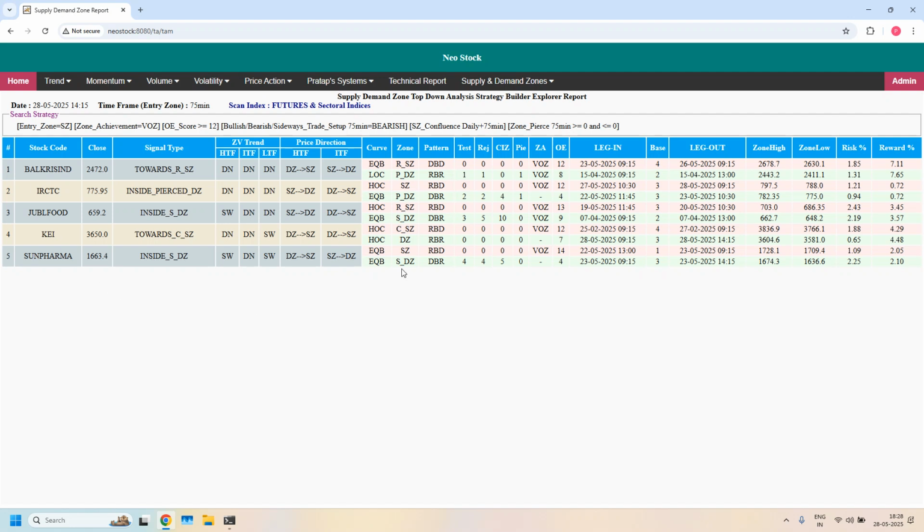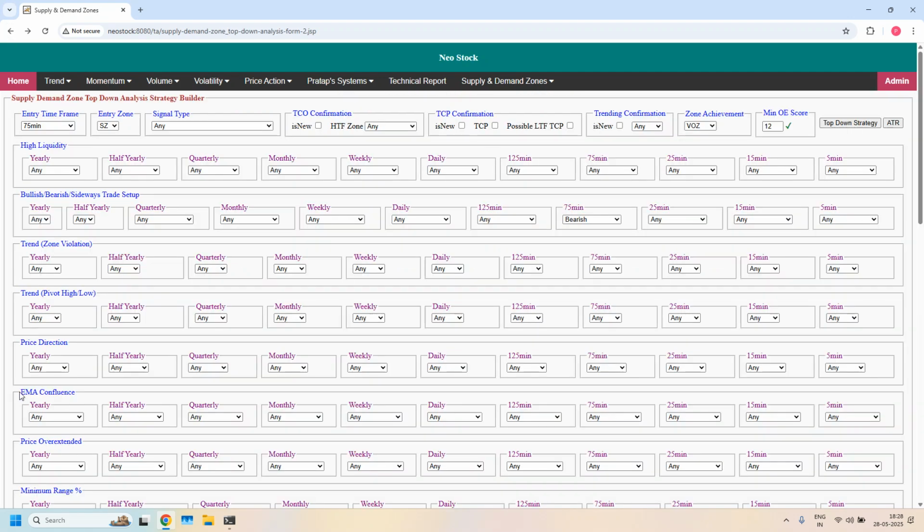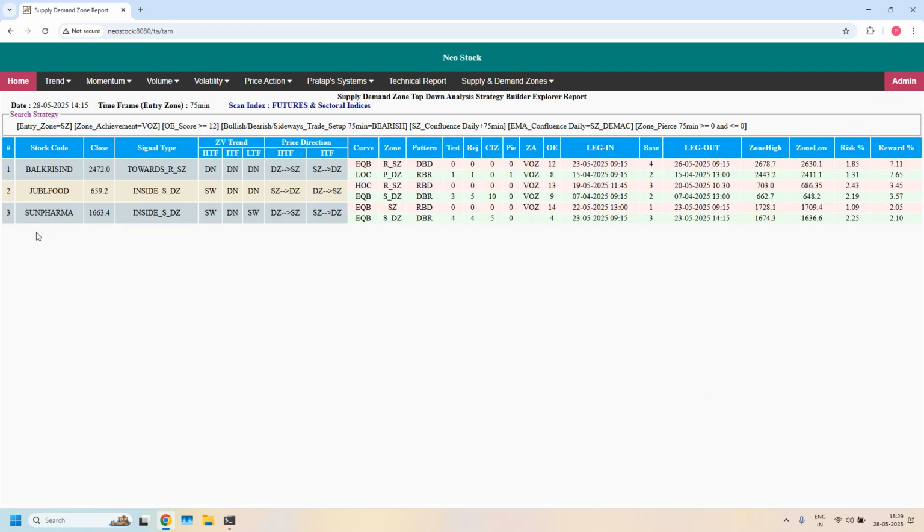In all these 5 stocks, the 75 minute supply zones are overlapped with the daily supply zone, and the daily trend is down in all the stocks. Let's verify how many daily supply zones have daily EMA confluence. So 3 stocks are filtered. So these 3 75 minute supply zones might have a higher probability of success.